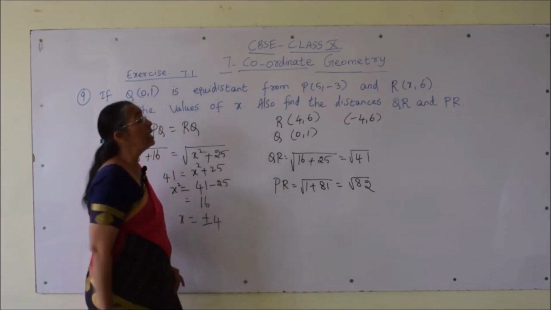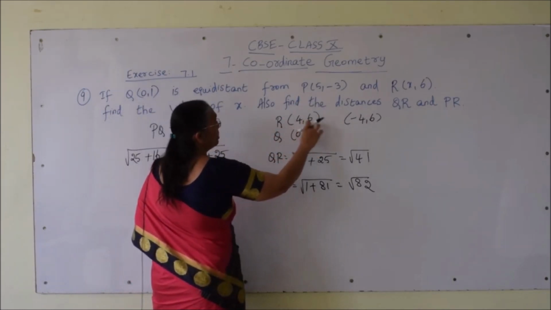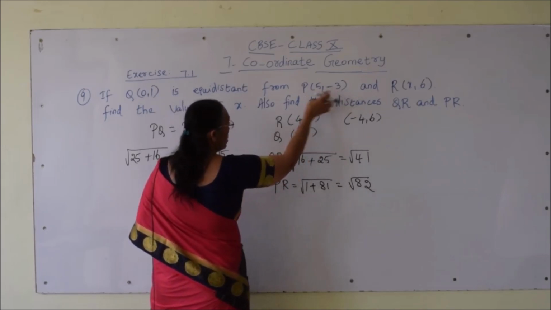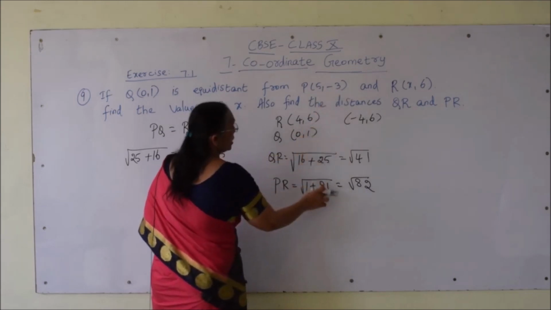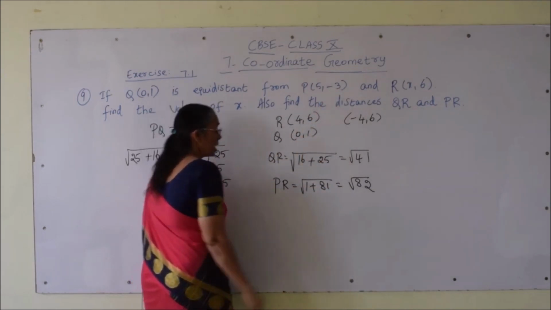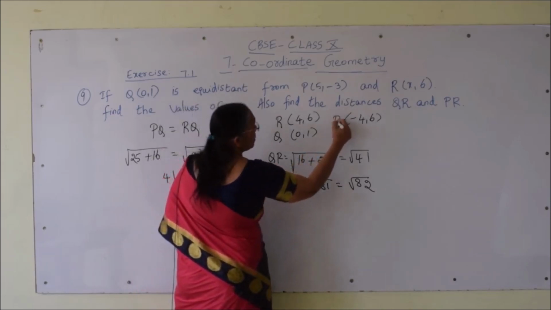But while finding the PR distance, first we will take r as positive 4, 6 and p as 5, minus 3. We get (4 minus 5) whole square is 1, (6 minus of minus 3) whole square is 9 squared, which is 81. So, root 82. Now, let us take r as minus 4.